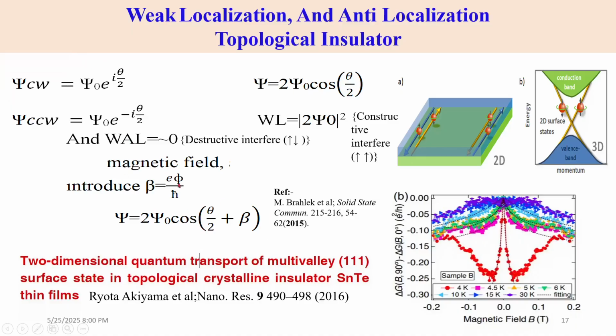The magnetic field provides an external phase factor, because it rotates the direction of the electrons, and the phase coherence between the electrons is disturbed. If two electrons are not in destructive interference, because the spins are perturbed by the magnetic field and rotate in the direction of the magnetic field, the phase is no longer constant here.